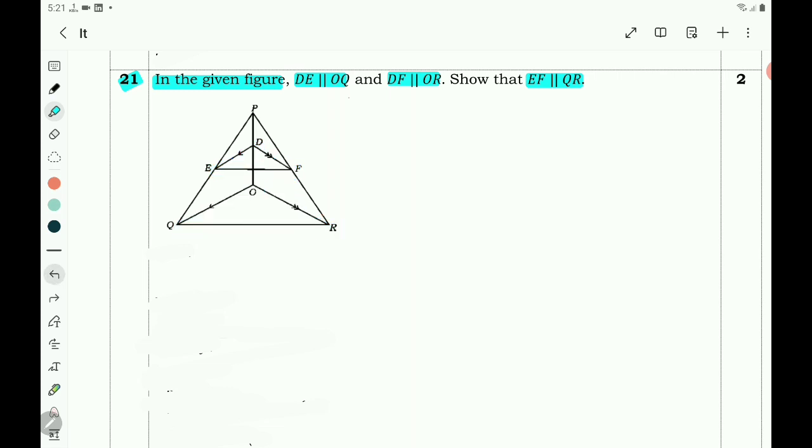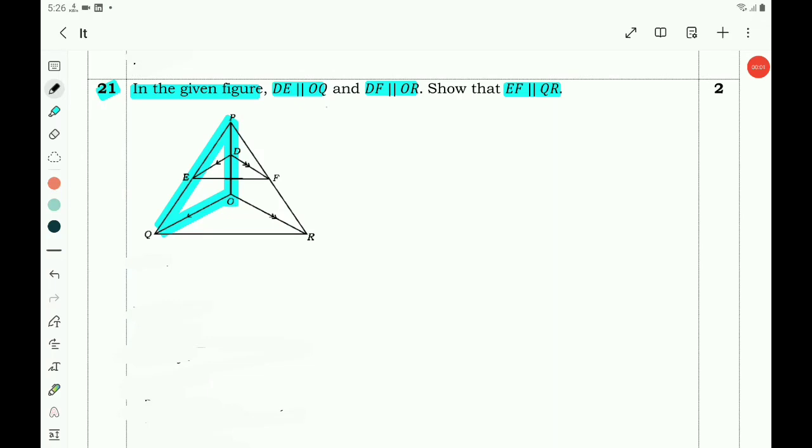Here DE parallel to OQ for which triangle? Here DE parallel to OQ for the triangle OPQ or POQ. Write the name of the triangle POQ. In triangle POQ, what is parallel to what?